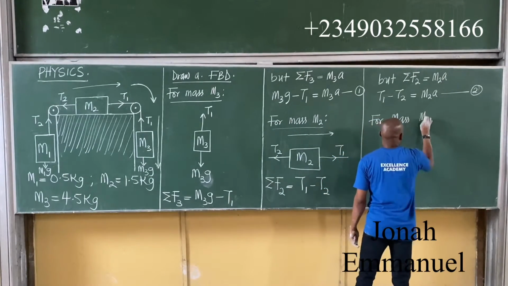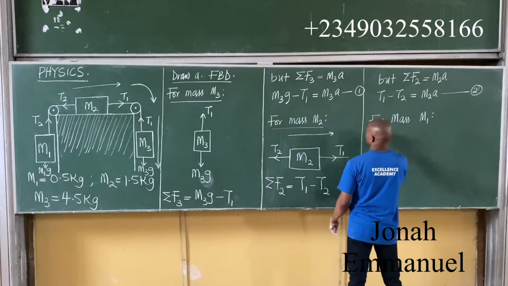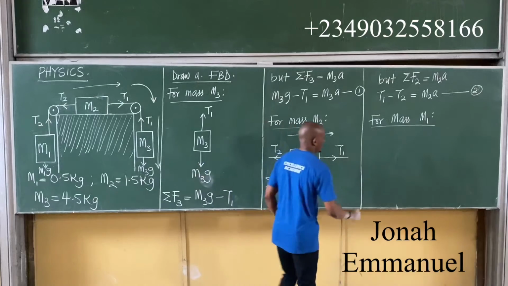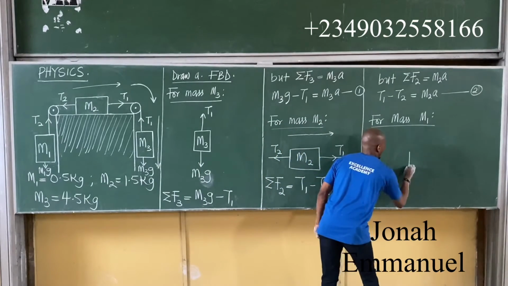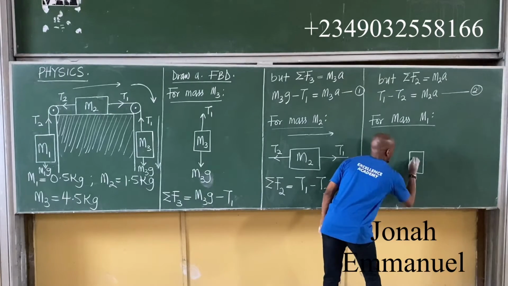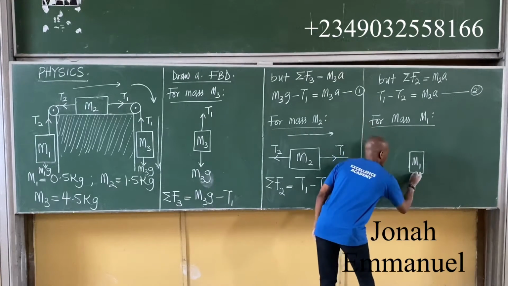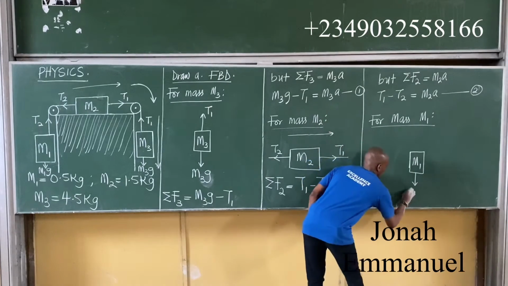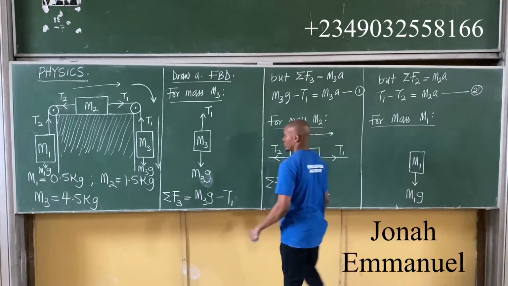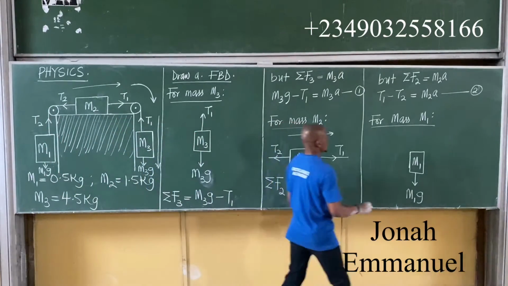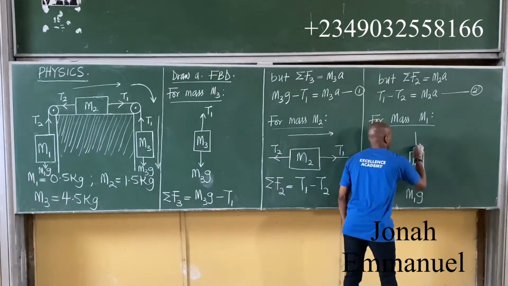Let's consider this mass. For mass M1, I have M1 there, this way. Coming down here is M1G, and going up is T2.